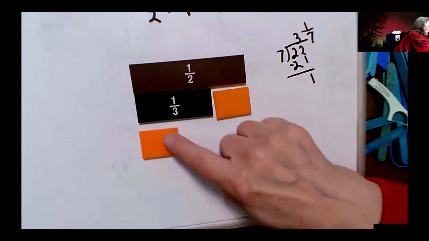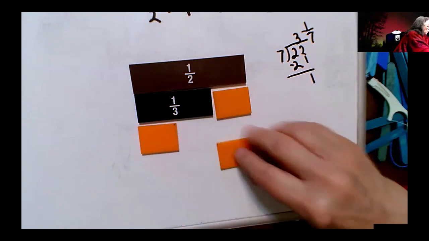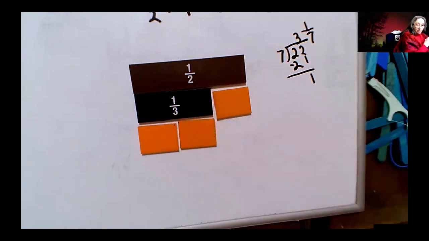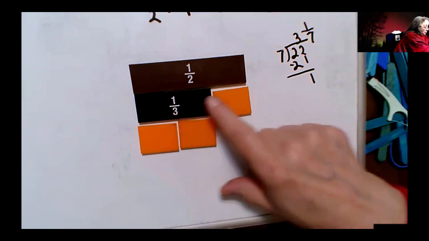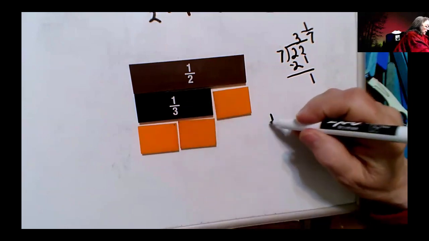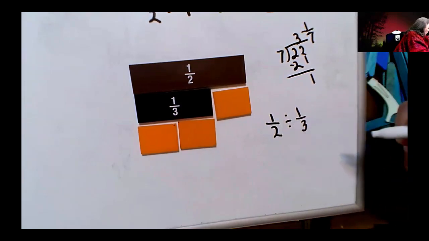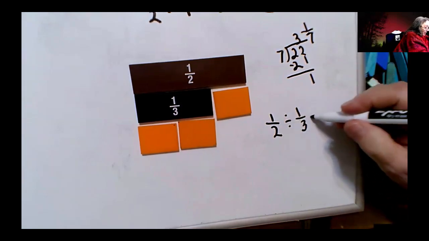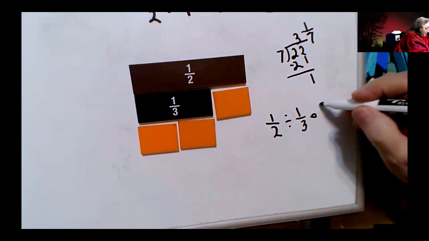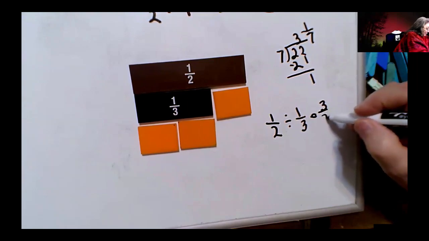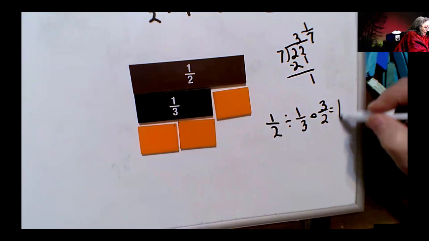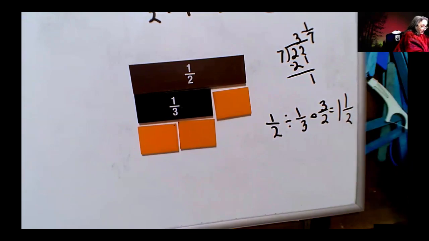It is 1 of 2 equal parts of my third. So the answer to this problem of 1/2 divided by 1/3, because 1/2 is bigger, I can make all of it and 1/2 of another one.